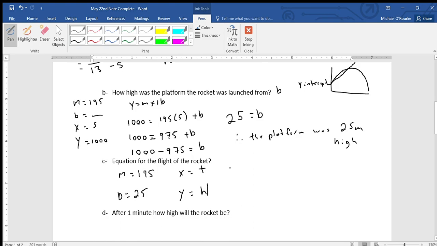So we can rewrite it as h equals blank times time plus blank. Now let's fill in what we know. H equals 195t plus 25.